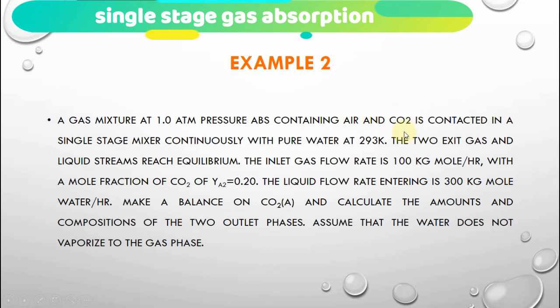So CO2 will be your component A. If you want to know why CO2 is component A, you will find out in the last sentence, as the question asks you to make a balance on CO2, and also it is stated here component A. So CO2 will be our solute, the desired component, or our absorbed component. So CO2 will be A, pure air will be B, and water will be C. So water is going to be used to absorb CO2 from pure air.